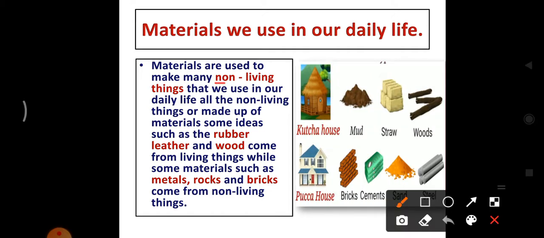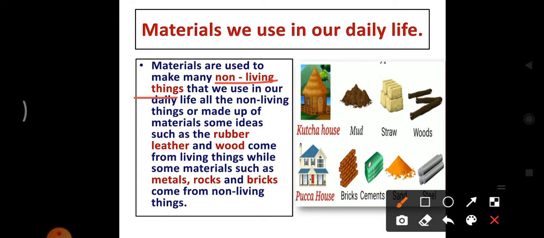You know what is meant by the non-living things. You know the difference between living and non-living things. The living things can breathe. They move from one place to another and they can reproduce. If you take human being, the human beings are living things. They can breathe, they can move from one place to another place, they can reproduce.